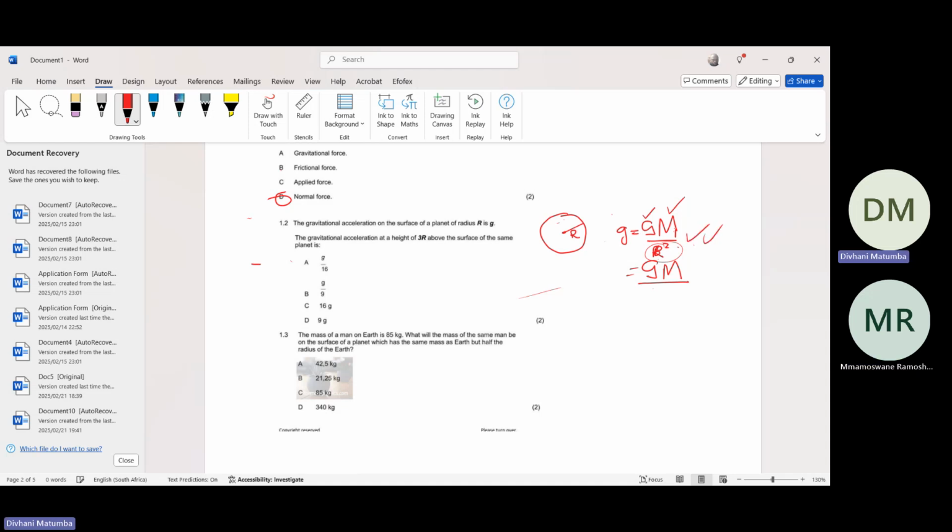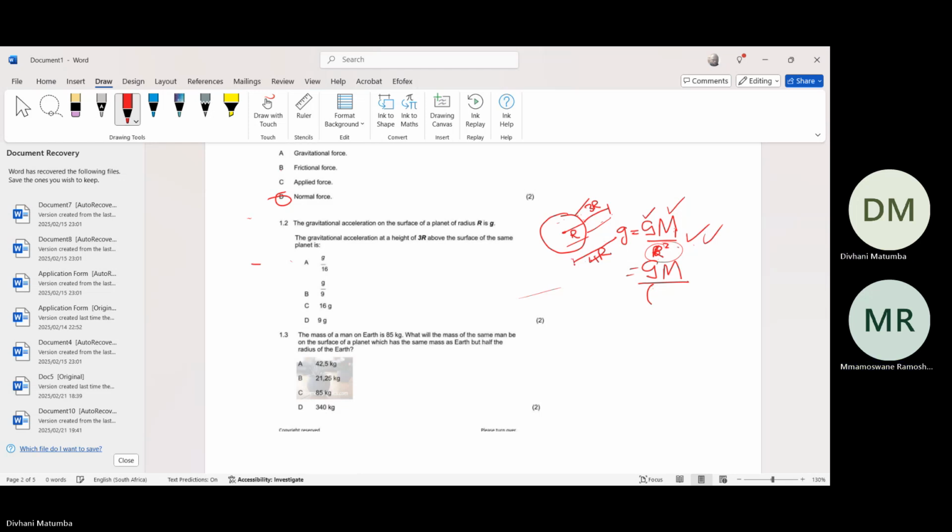And then for the new one, we have been told that now the object is at a height of 3r. So what will be our new r? It's not 3r, unfortunately, it's going to be 4r. It will be the height plus the radius. Do you agree?